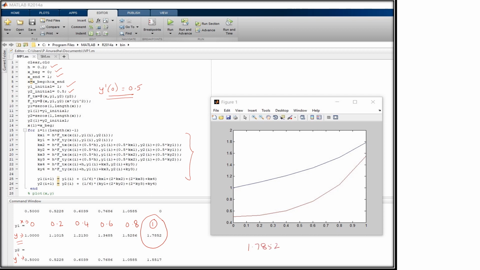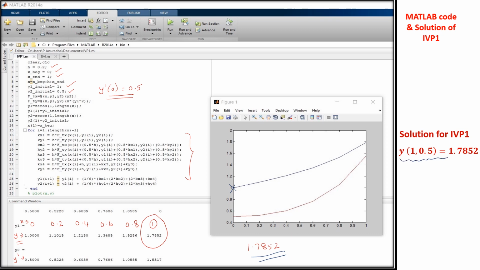1.7852. The graph also says so: at x equal to 0, the value of y is 1, correct? This blue line. And then at x equal to 1, the value is 1.7852. So I have used the code to develop the solution of this IVP1, and we see that by taking your gamma value as 0.5, the value of y is 1.7852.